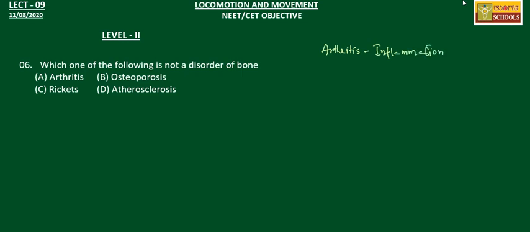Then coming to another one called osteoporosis. Osteoporosis is decreased bone mass. So with this we can understand that arthritis is a disorder of bone. Osteoporosis is also a disorder of bone.